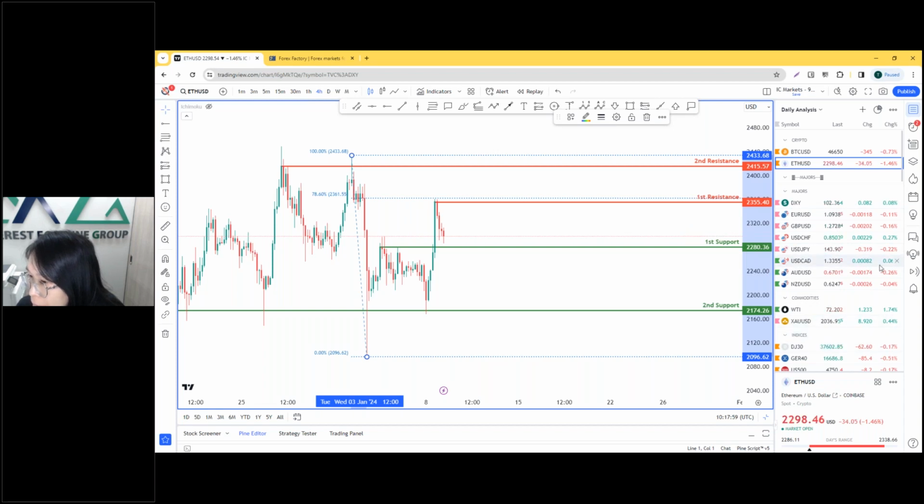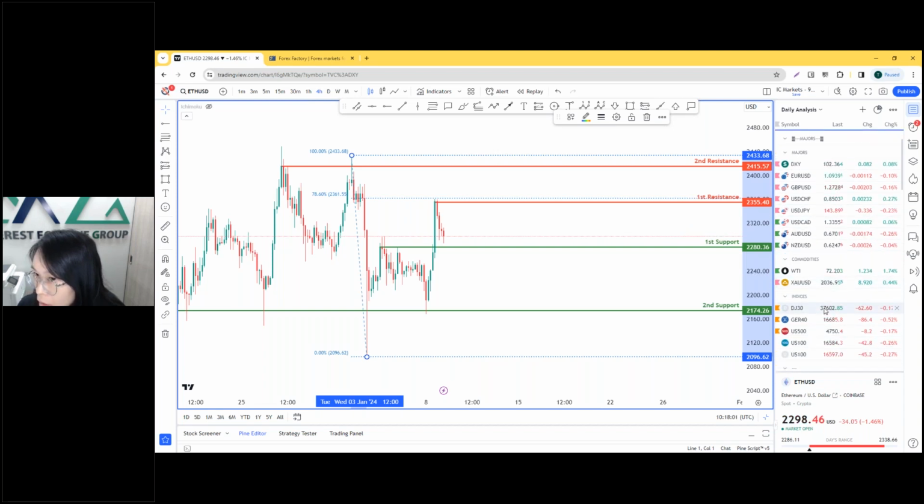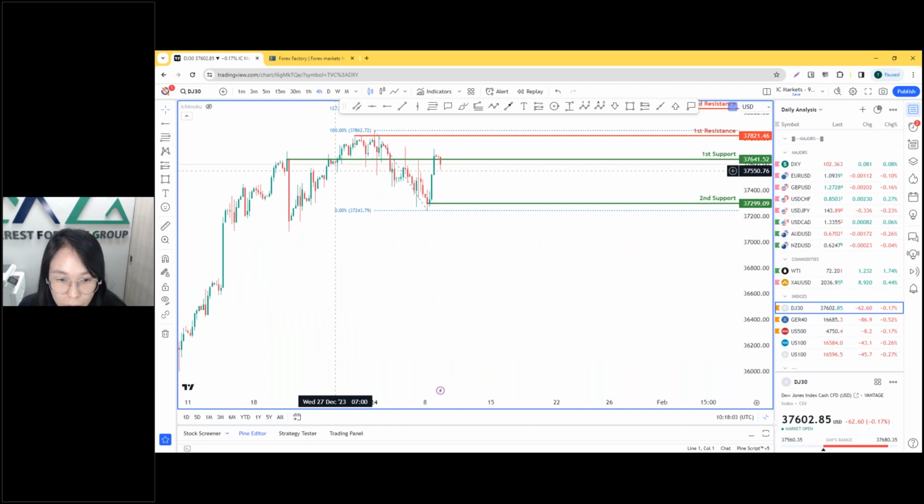Okay, and I think we can also take a look at some indices.